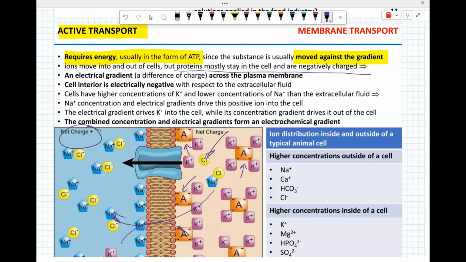In other words, the interior of the cell is electrically negative in respect to the extracellular fluid. That creates the gradient of charges across the membrane.